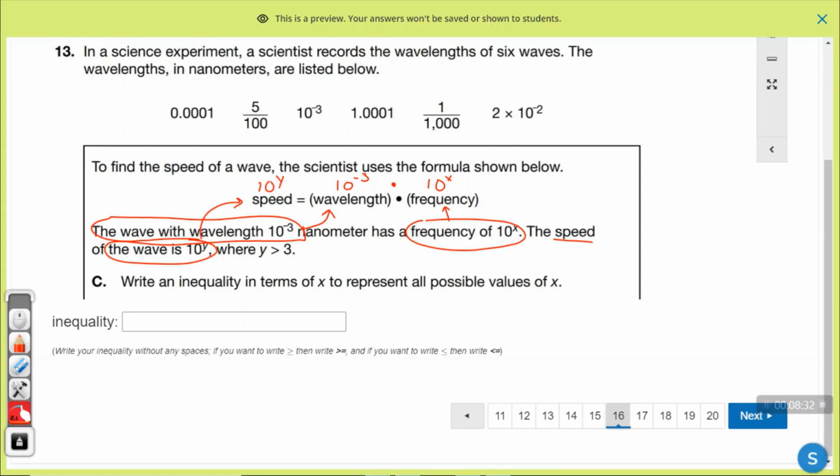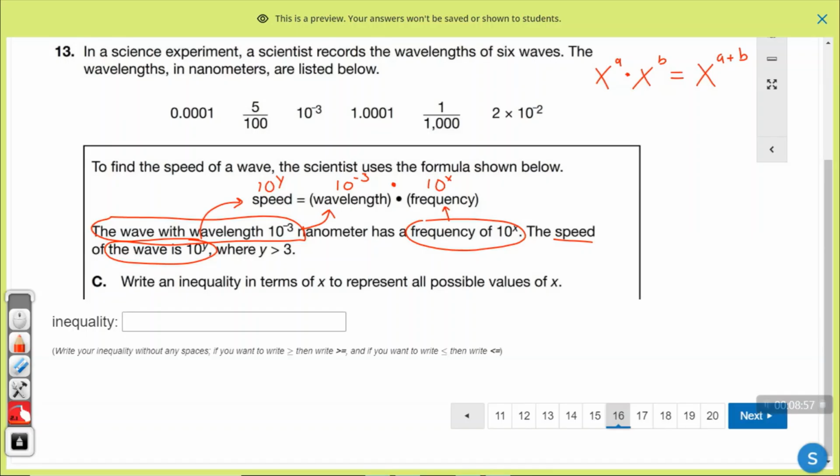All right, and if we look at this, we see we have a multiplication problem dealing with terms that have the same base but different exponents. And if we remind ourselves how to do that, if I have x to the a times x to the b, it will equal x to the a plus b.